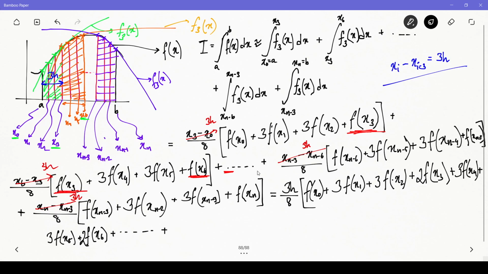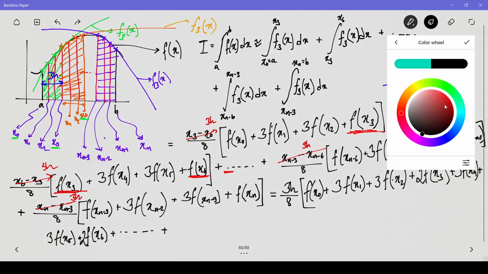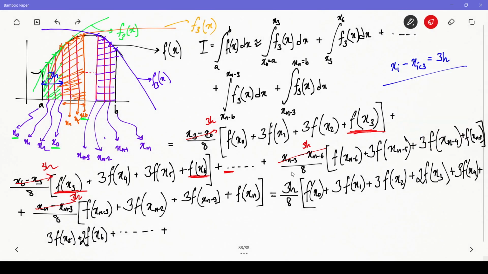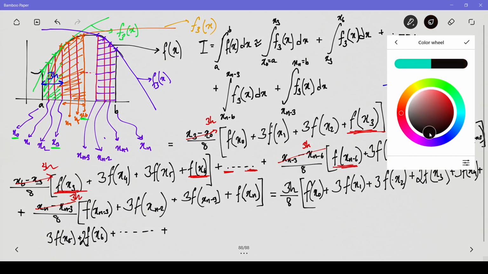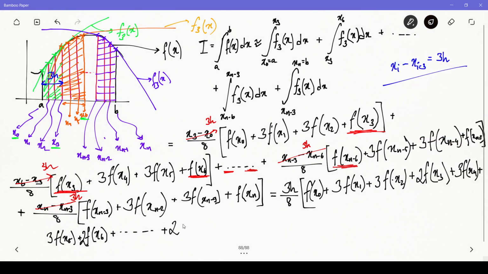We have what? So implicitly we had what? Okay, so implicitly we had f of x n minus 6 term over here, right, in the last part of the preceding term, right? And we have another f of x n minus 6 over here. So these two will together form 2 times f of x n minus 6.